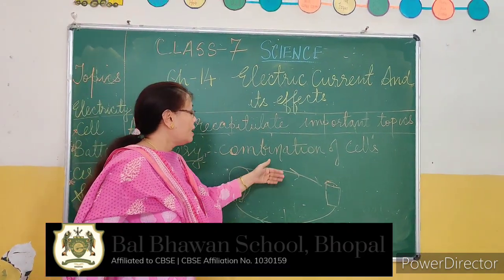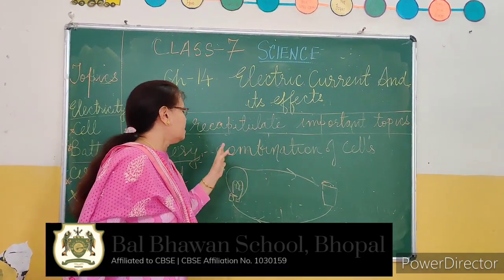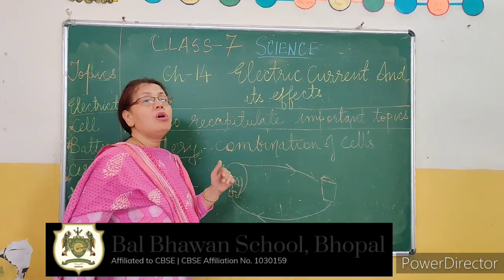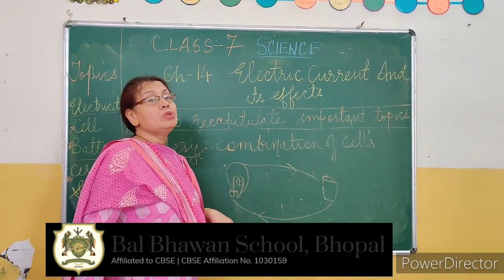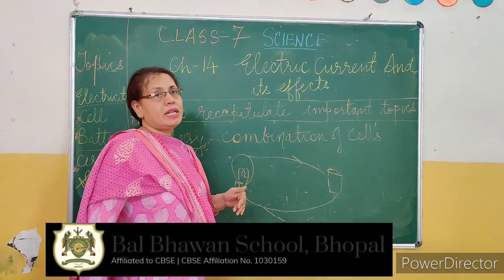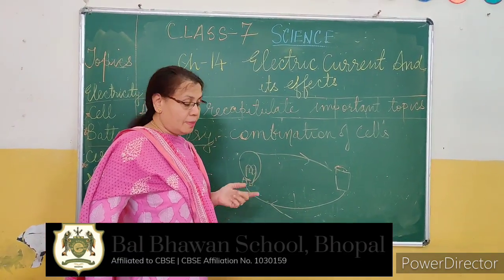And the wires which are connected, the battery, the bulb, all these are called the elements of a circuit, which we will be studying in the later half of the chapter.